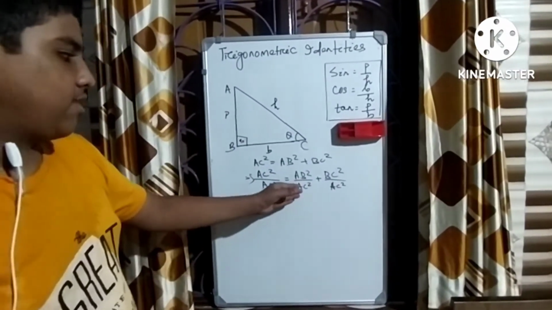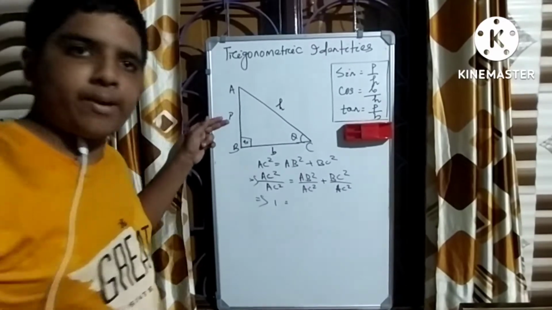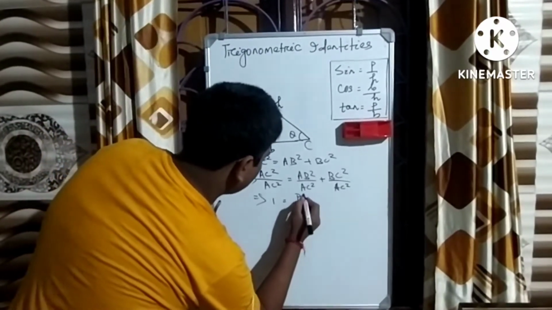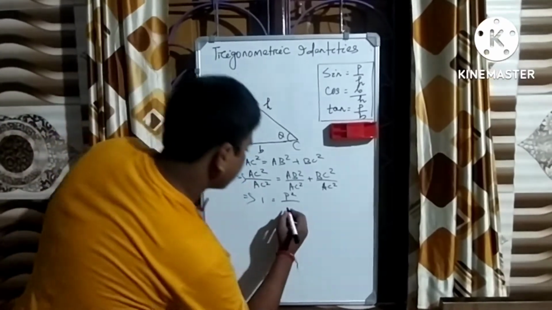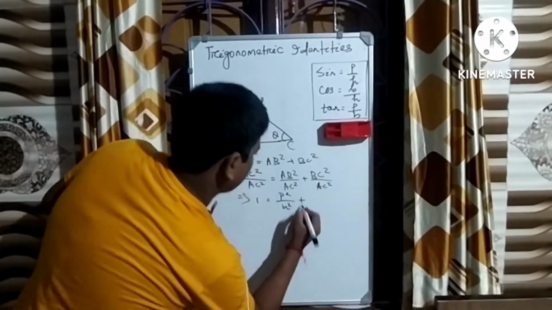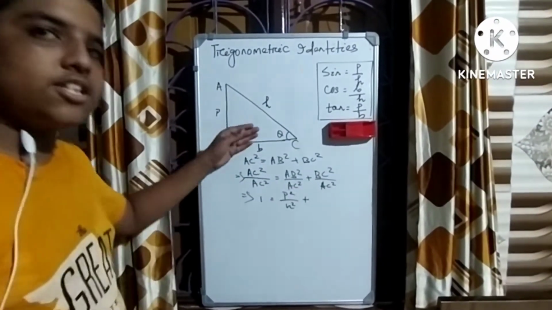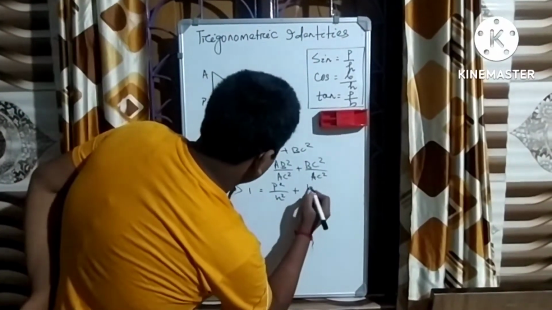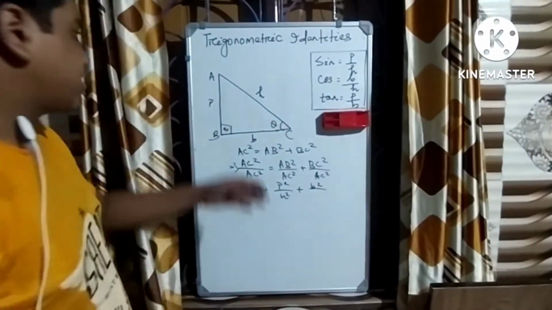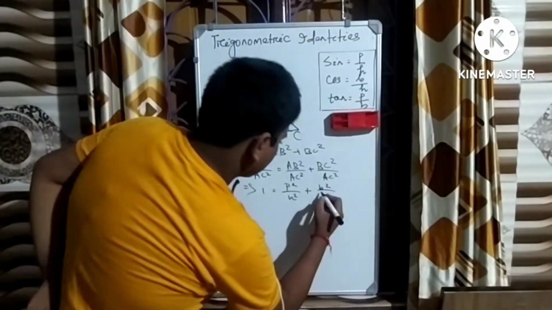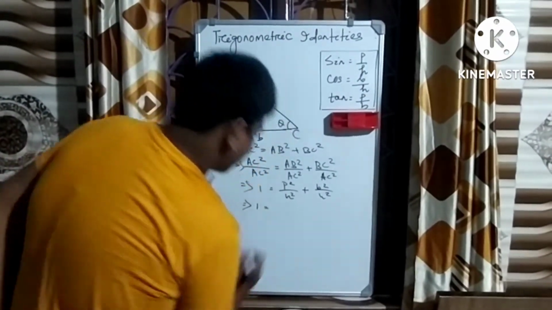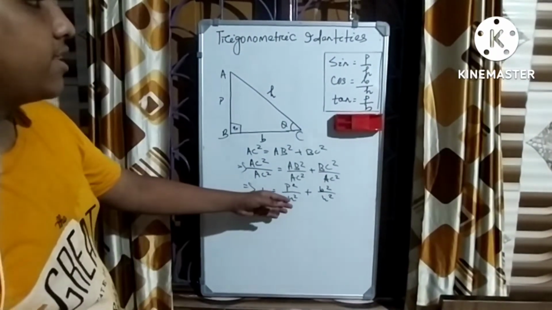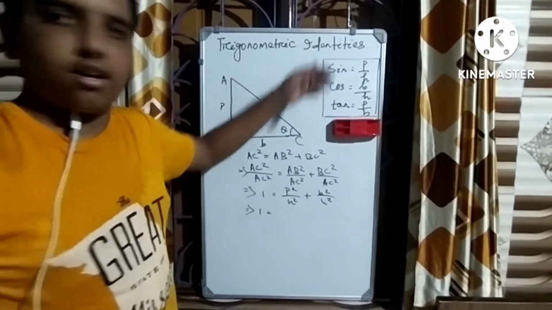AB square by AC square: here AB is the perpendicular, P square by AC, the hypotenuse, H square, plus BC is the base, B square by H square. P square by H square is the ratio of sin square.